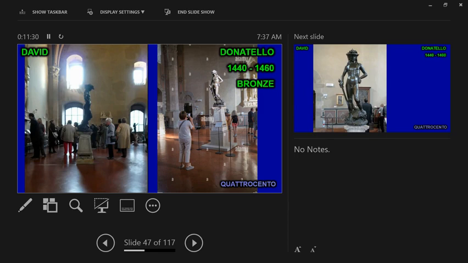And I put these two pictures in here to show you how this is displayed and to give you a sense of the size of this sculpture.